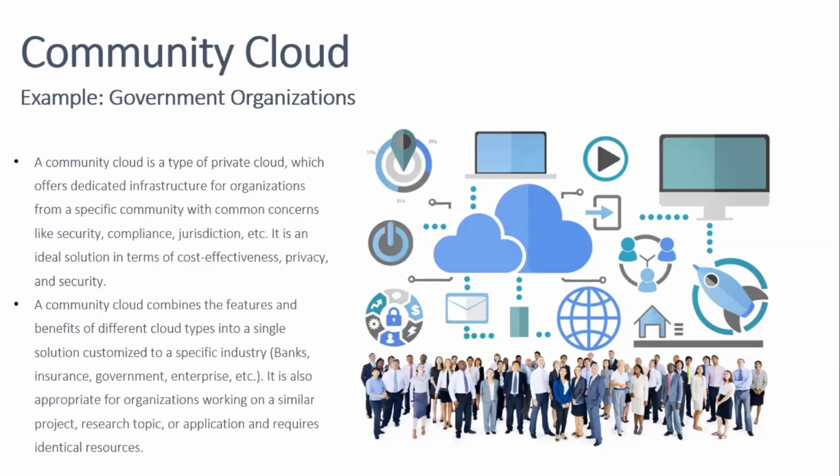Whatever organizations or applications are following the same set of policies or rules will be hosted on the community cloud. For example, if we have bank internet banking login applications, almost all the banking applications will follow the same security architecture and the same security rules.